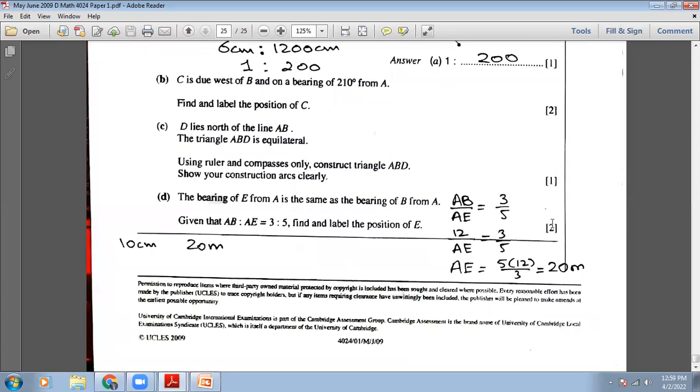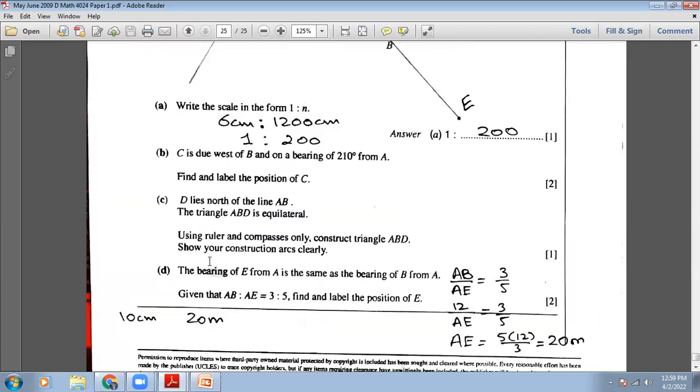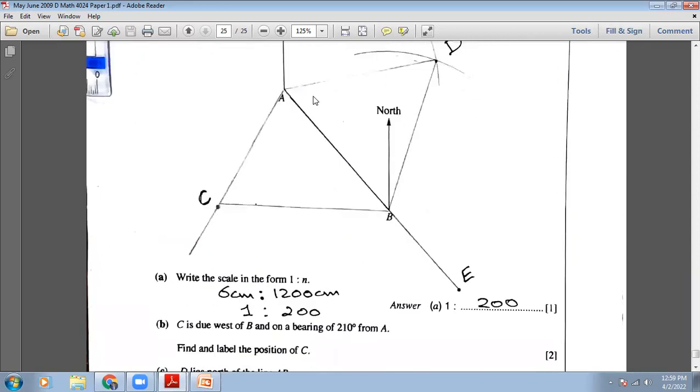That will be 20 meters. So on the map, the 20 meters will be represented with the 10 centimeters. So up till here is 6 centimeter. I will draw a line on the same bearing, starting from here up till here, which is 10 centimeters. So this is how you do it.